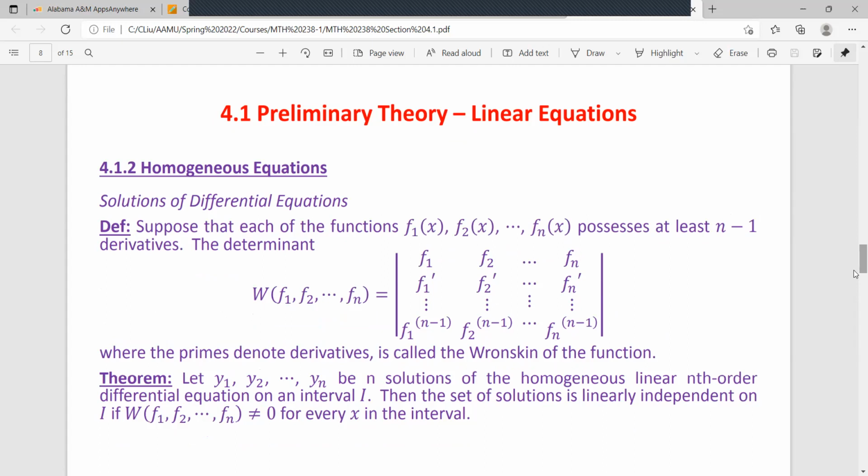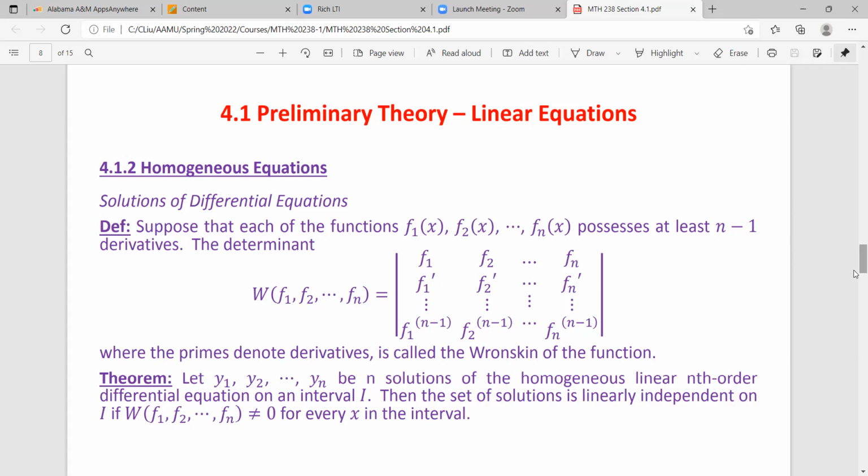In general, how do you know whether a set of functions is linearly independent or not? We're going to use the determinant, or Wronskian. All right. So what does it mean by the Wronskian of the functions?